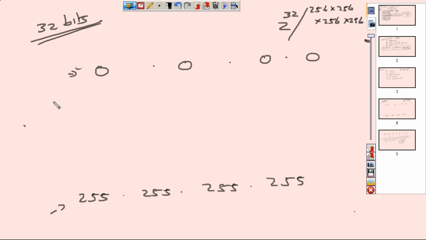Now these IP addresses are divided, as I said a few minutes back, into classes. Guys, you'll have to give me 1 second while I find a replacement battery for this. All right. So your IP addresses are divided into classes.